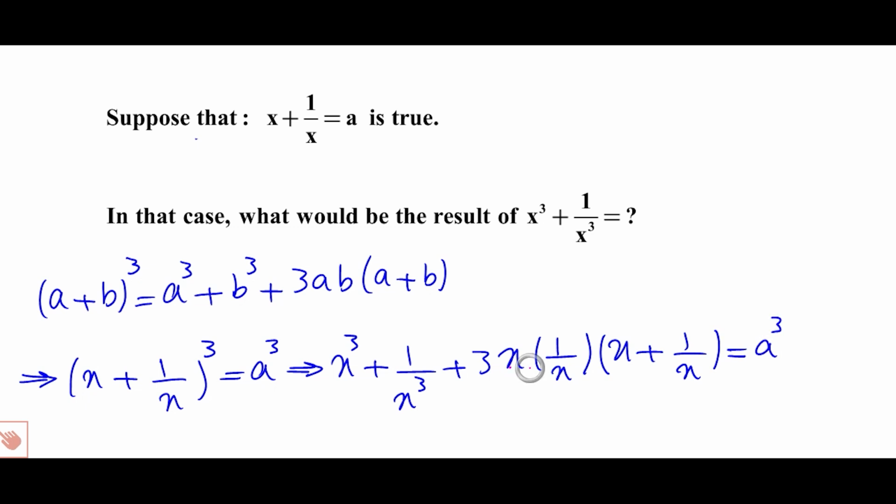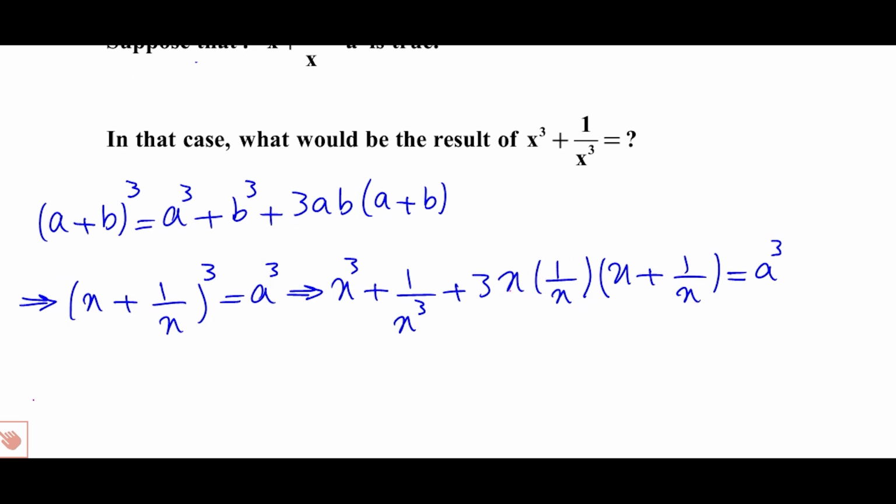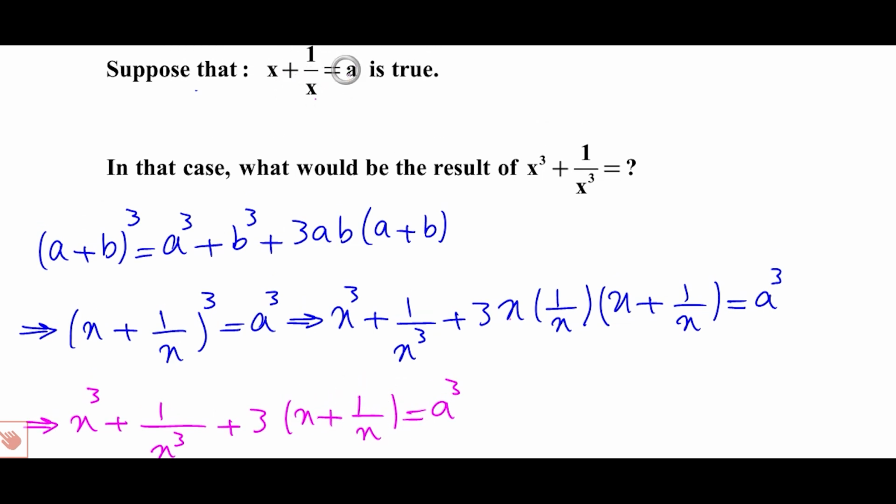So x times 1 over x is just 1, and so we have x cubed plus 1 over x cubed plus 3 times x plus 1 over x is equal to a cubed. x plus 1 over x based on this expression is equal to a.